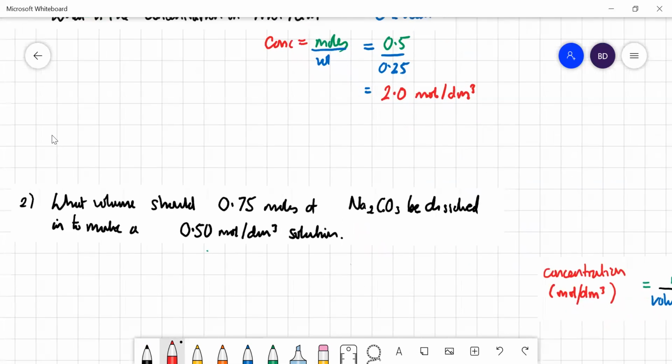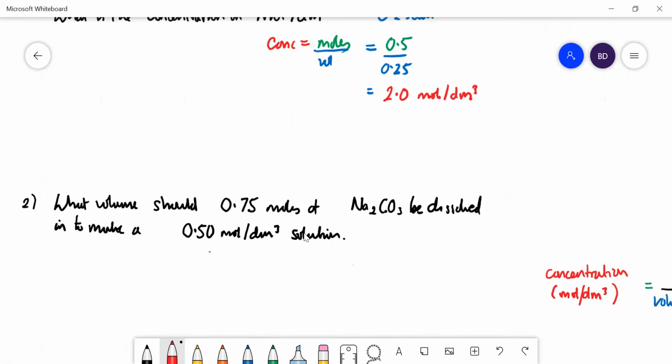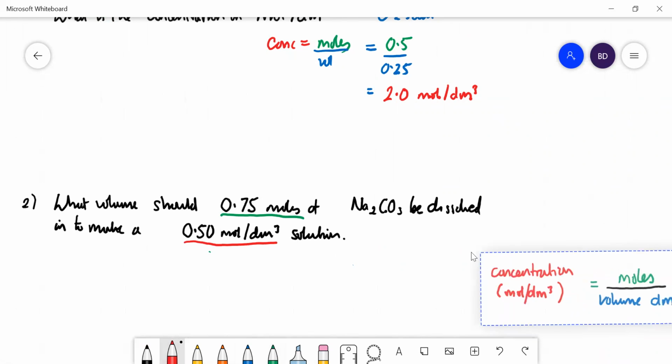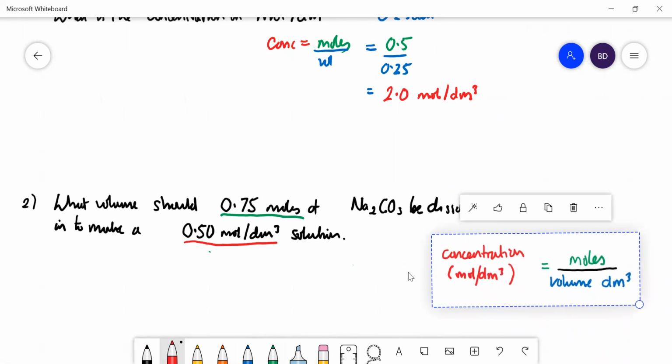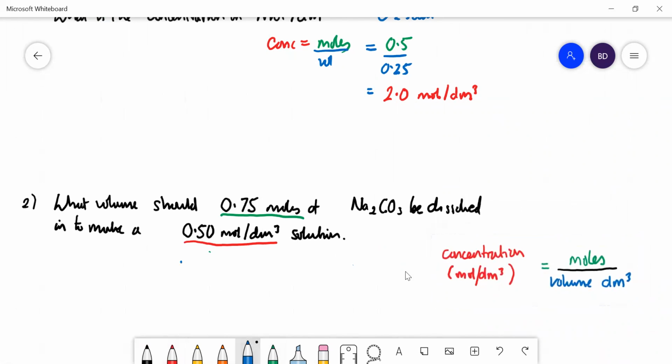What volume should 0.75 moles of sodium carbonate be dissolved in to make a solution of concentration 0.5 moles per decimeter cubed? Well, we've got our equation here. We're going to have to rearrange it. So we want to get volume, don't we? So volume is equal to moles divided by concentration.